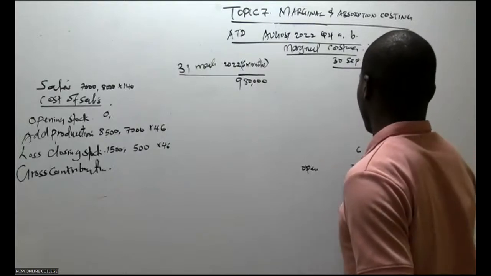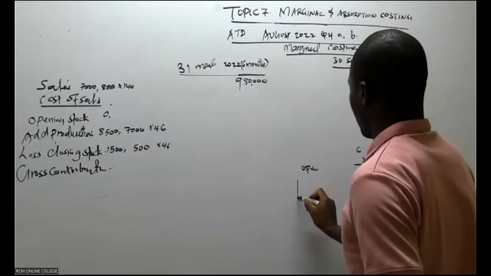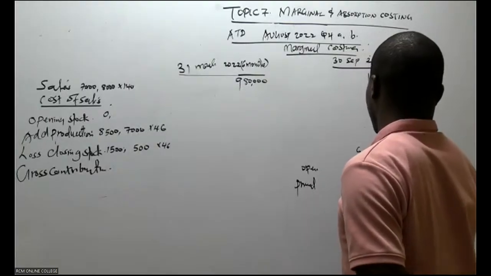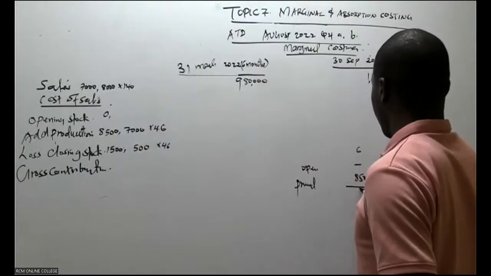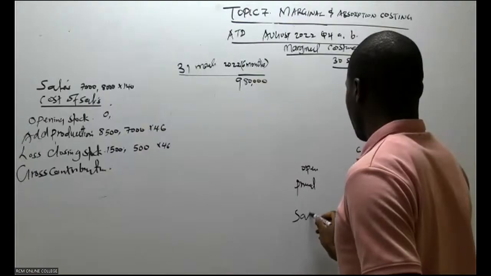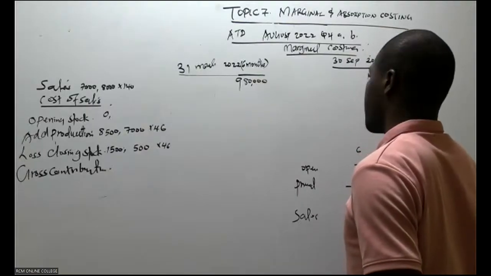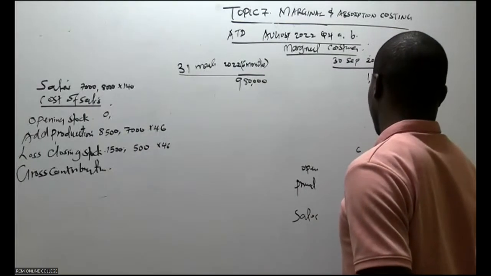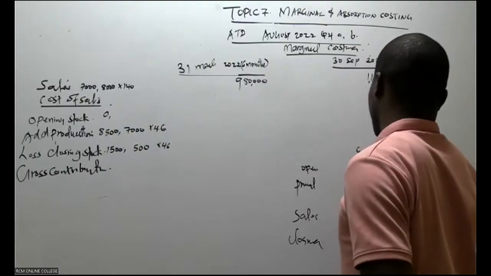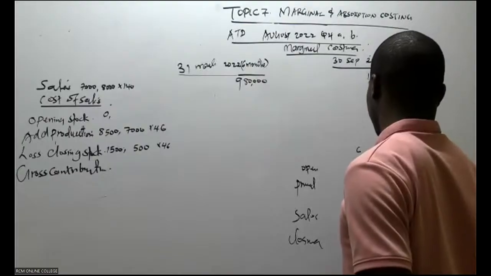Opening stock, you add 0. Then production, you add 8,500. The goods that you have, which you can sell, is 8,500. But you sold 7,000. Whatever is remaining is the closing, which we've said is 1,500.